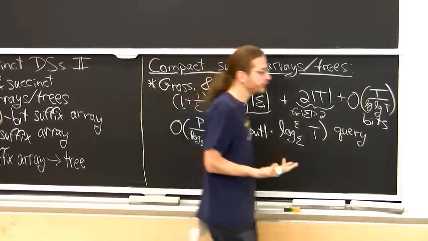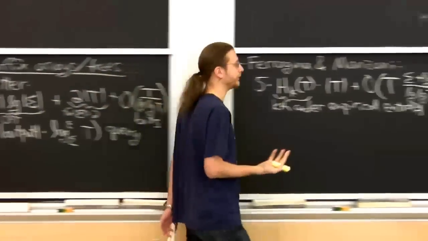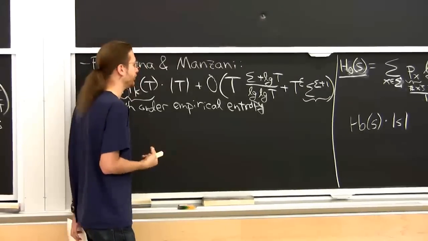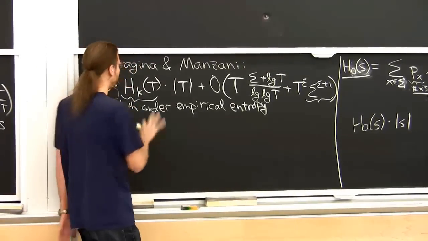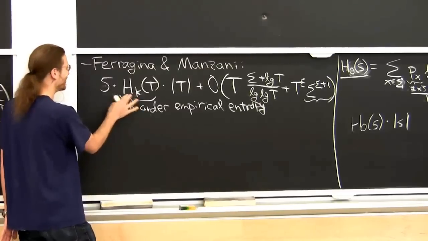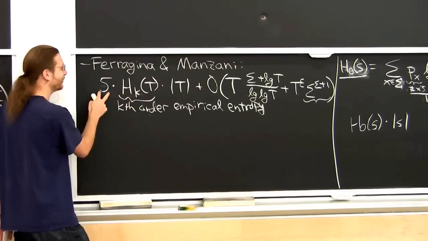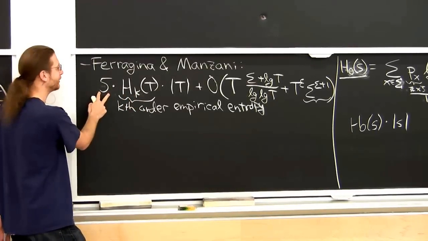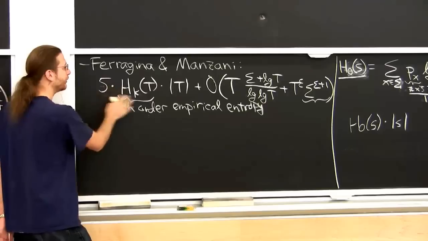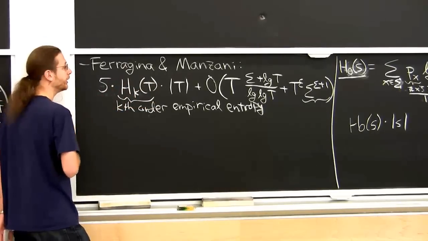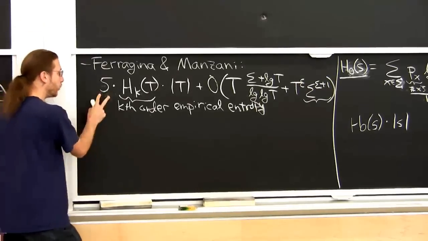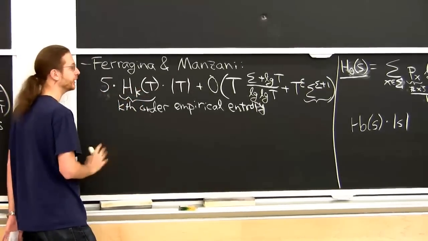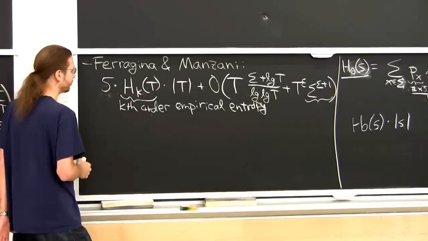But if the string is compressible, like many strings we want to store, you're storing English, whatever, you should save somewhere between a factor of 2 and 10. This will try to save it. Of course, a factor between 2 and 10 is a little scary when there's this factor 5 out here that might dominate whatever savings you get. But in theory, this could be a lot better. And this is just the first result in this series. Now we can get 1 times Hk of T, and then it's a lot more interesting.